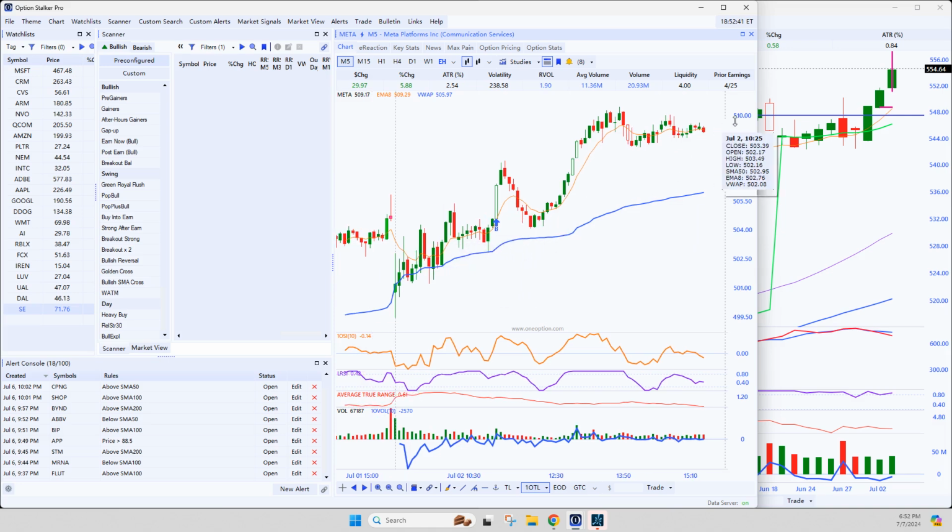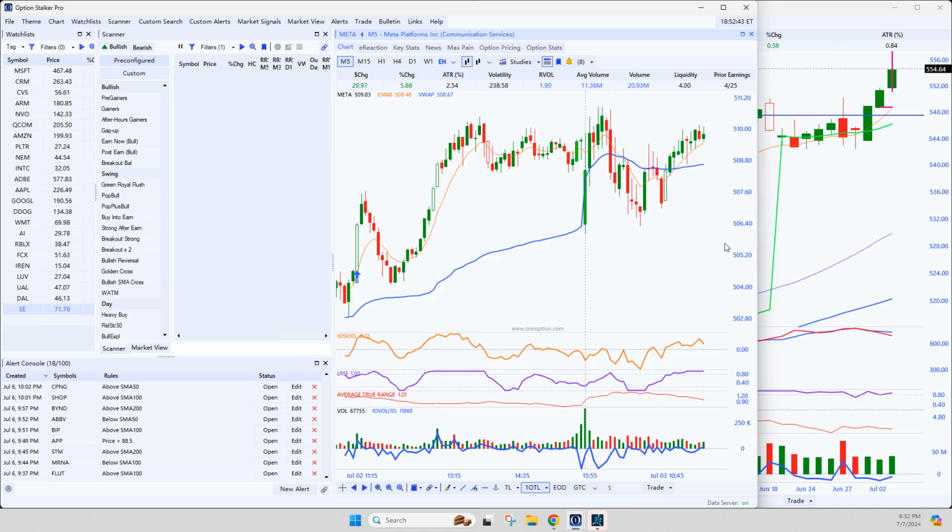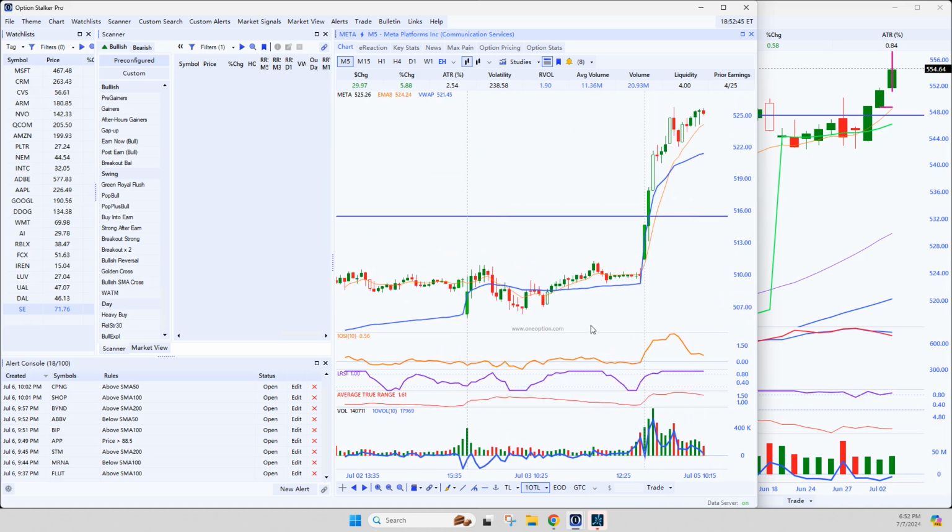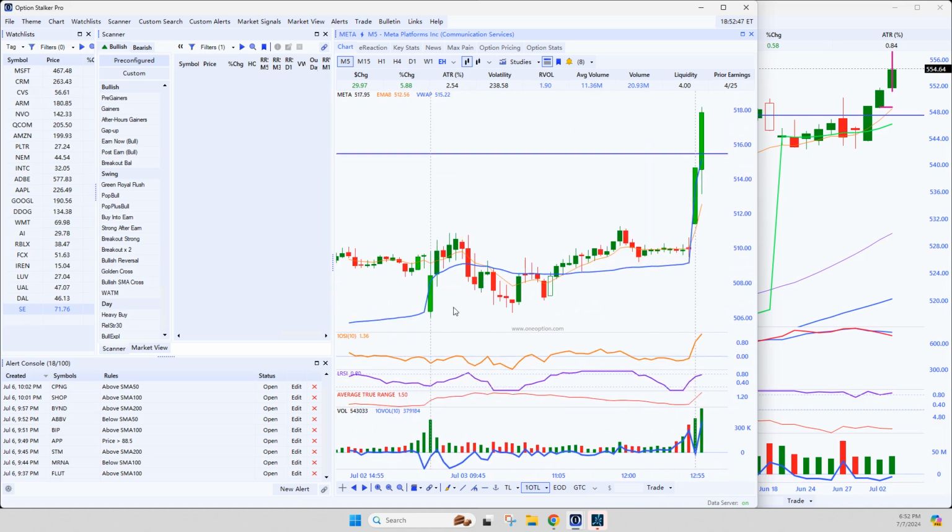And the rest of the day, it continued up. The next day, gap down, and had some follow through. Kind of just chopped around a little bit for this day. So I ended up exiting at 9:39.